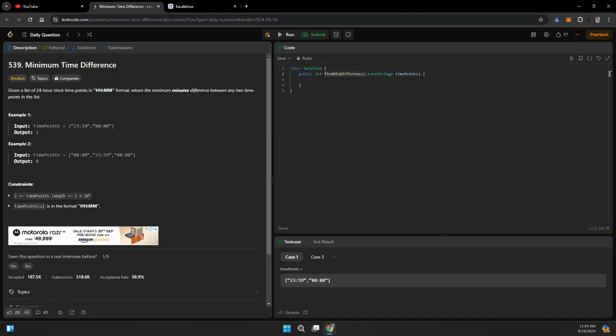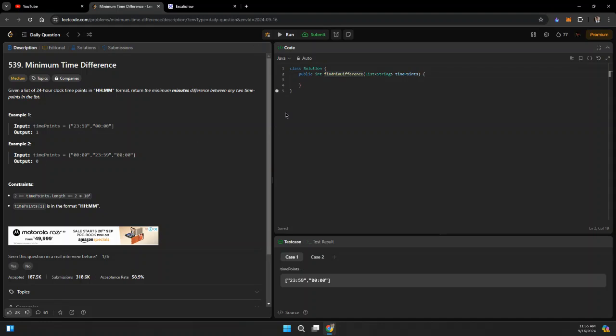Why so? Because as I said earlier, this is a 24-hour clock format, and it is mentioned over here as well. So we need to ensure that we're not neglecting the difference between the first and last.